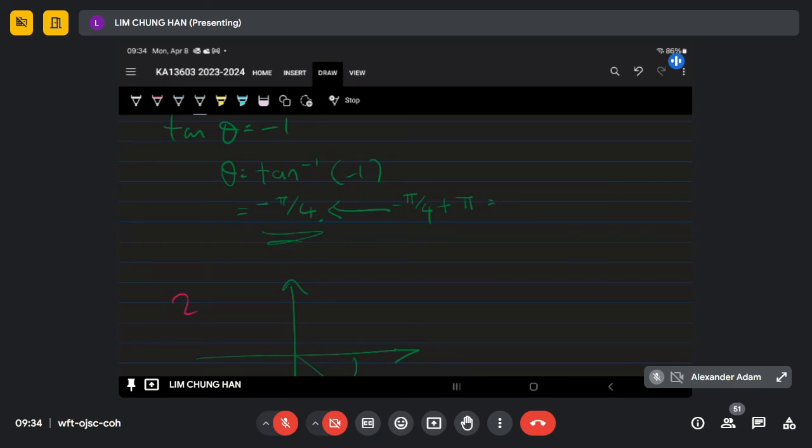So in this case, -pi/4 plus pi is what? 3 pi/4, right? Yes. So you just add pi to it, you get an answer.